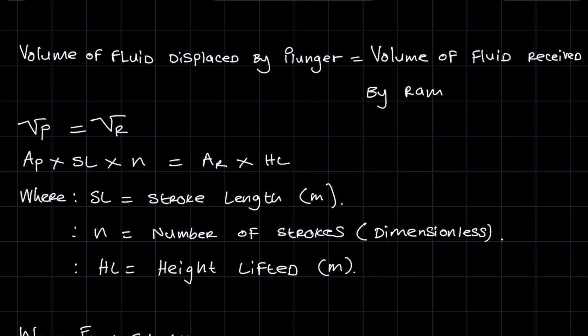So for volume, I use this funny looking V, or this V with ears. Essentially, how we express this mathematically is that Vp is equal to Vr. So this is the volume of fluid being displaced by the plunger, and this is the volume of fluid being received by the ram. Now volume is measured in cubic meters.